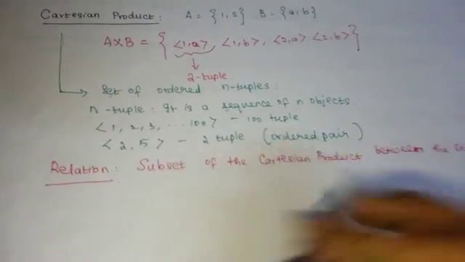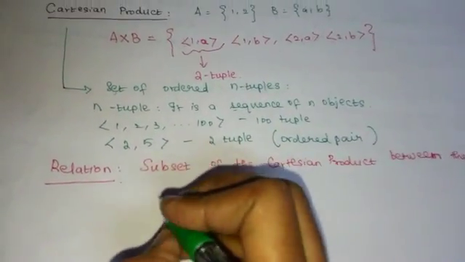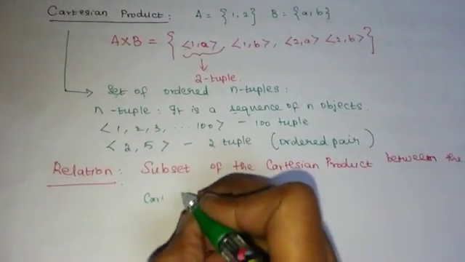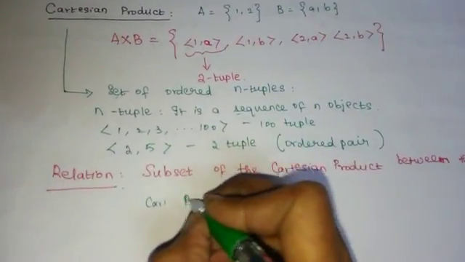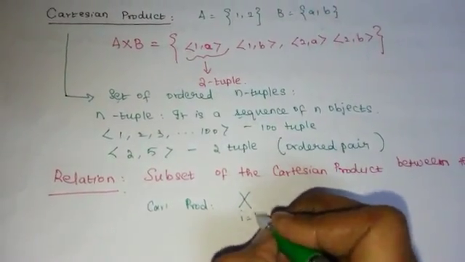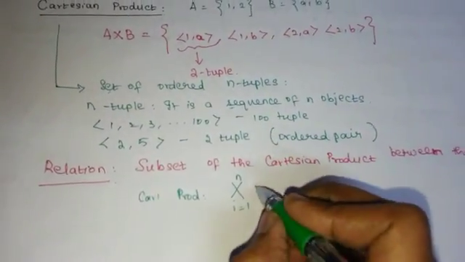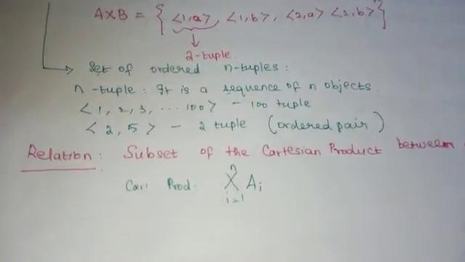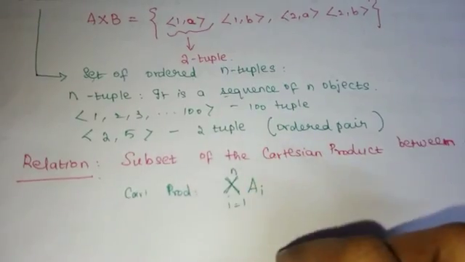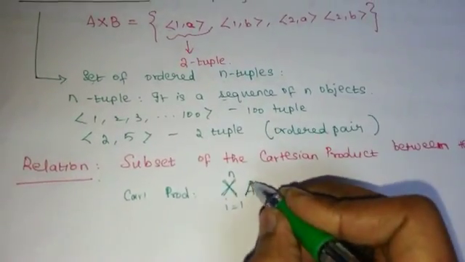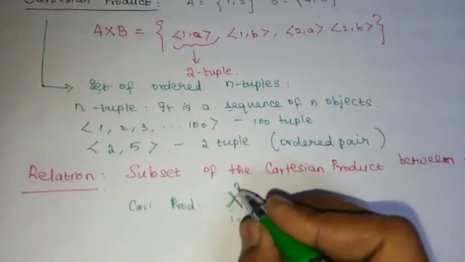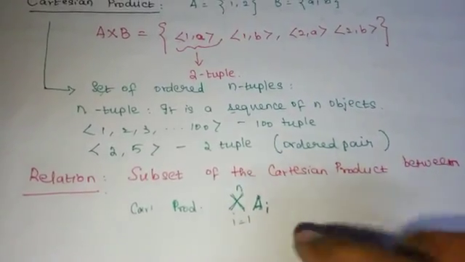Now let's give some mathematical notation. A Cartesian product is mathematically defined like this. It's not a big deal. The Cartesian product is represented using the cross symbol, and A is the set that we are considering, and i equals 1 to n is just the subscript given to the different sets.